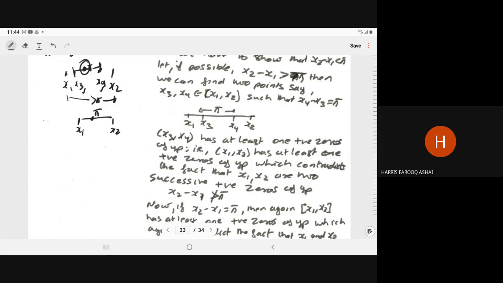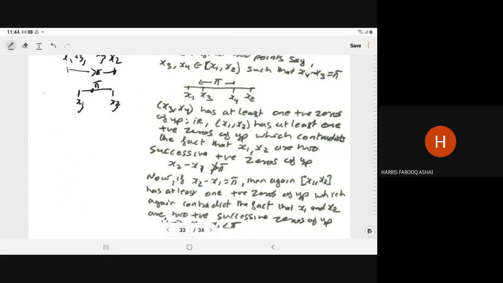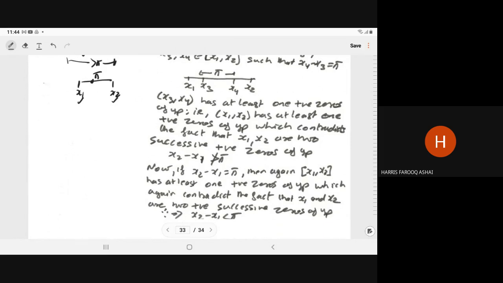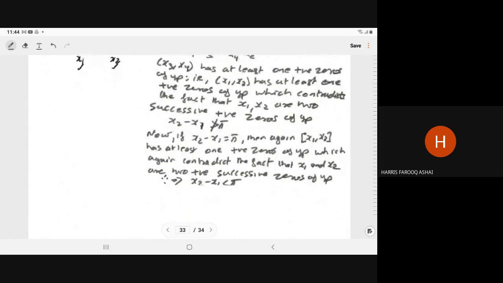So x1 and x2 are not successive, there is a zero of yp in between. Then again x1 x2 has at least one positive zero of yp, which again contradicts the fact that x1 and x2 are two positive successive zeros of yp.